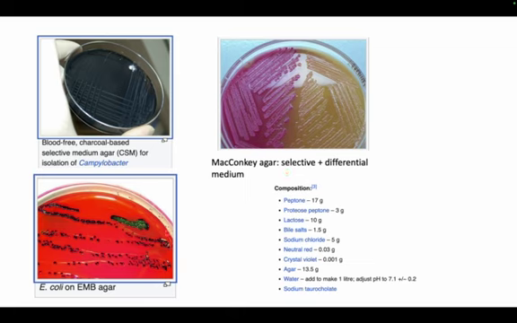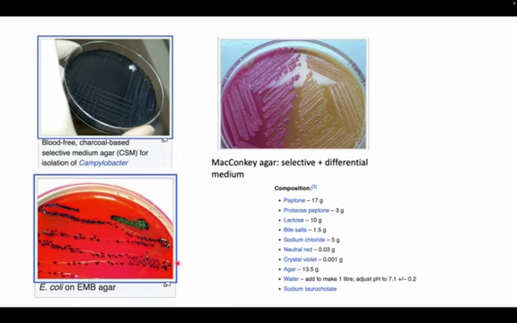One of the most famous differential media is EMB agar, which is eosin methylene blue. Again, this is selective for gram-negative bacteria. And when you grow something like E. coli on EMB agar, you will see that it starts turning green.